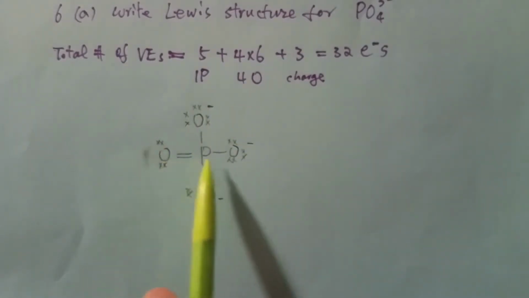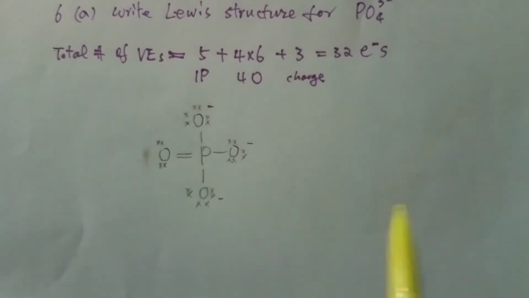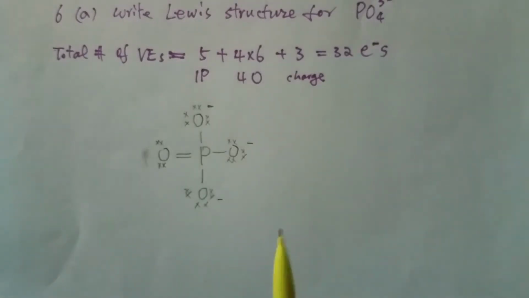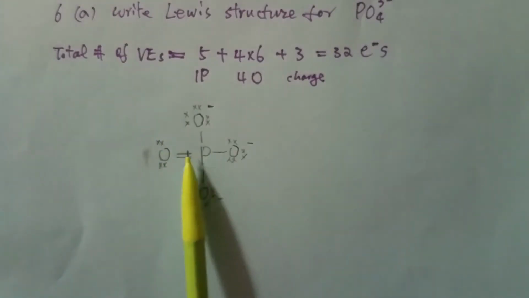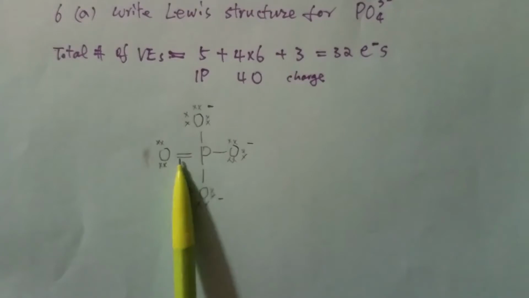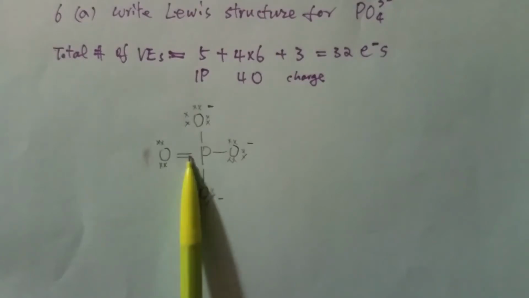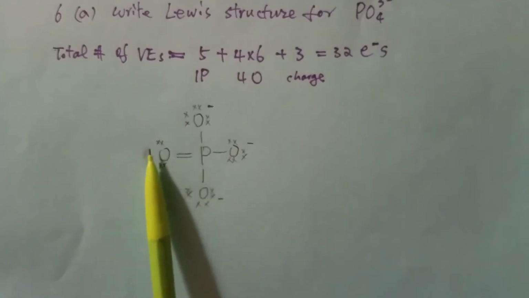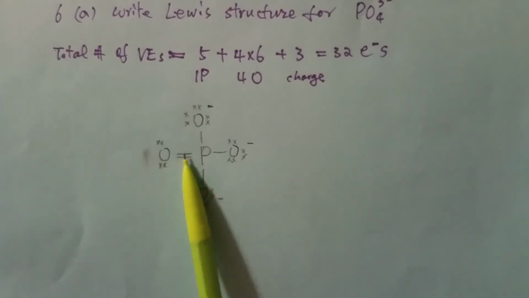With this arrangement, after you calculate the formal charge, assigning the last 2 electrons as part of the double bond will make the formal charge smaller compared with assigning the last 2 as a lone pair here without the double bond, just a single bond.